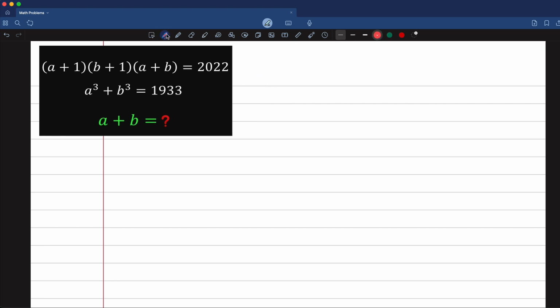So a cubed plus b cubed is the same as (a plus b) whole cubed minus 3ab times (a plus b). Individually figuring out a cubed and b cubed is very hard, but you have put it in terms that are more familiar. And this is nothing but 1933.